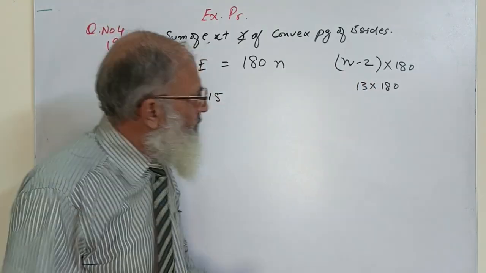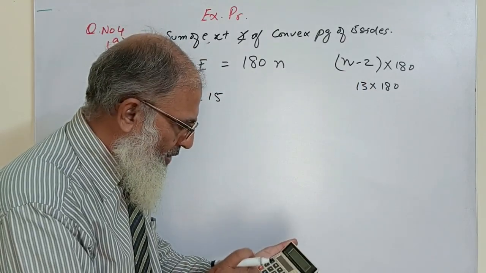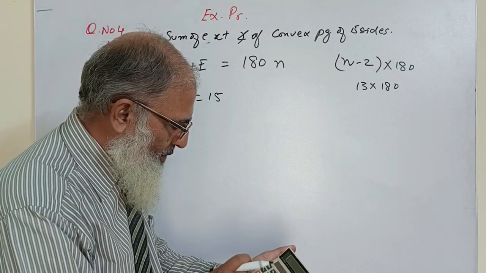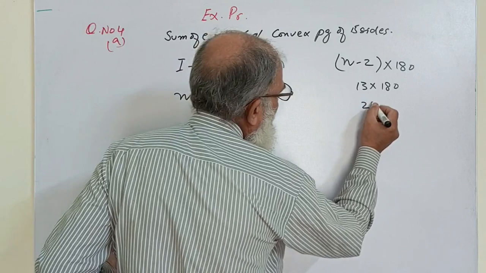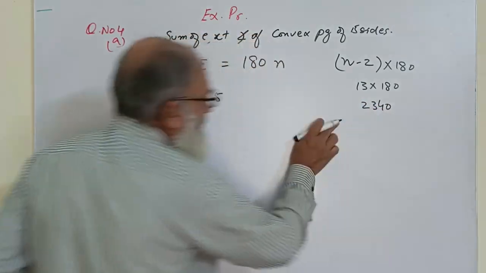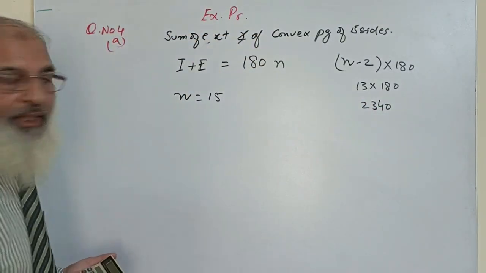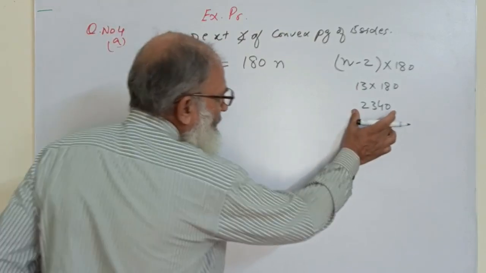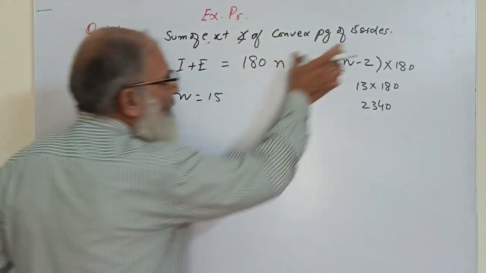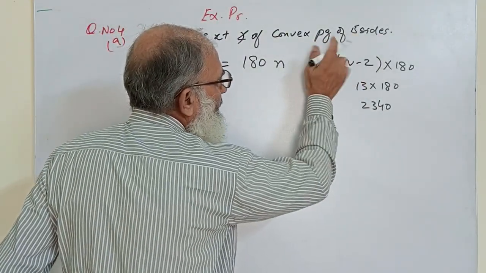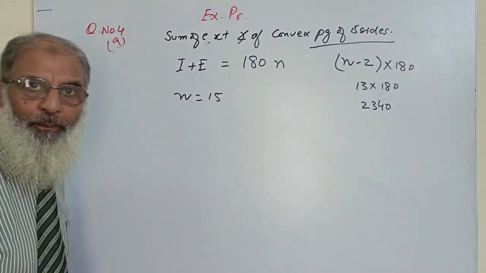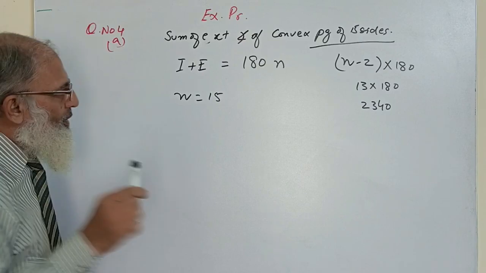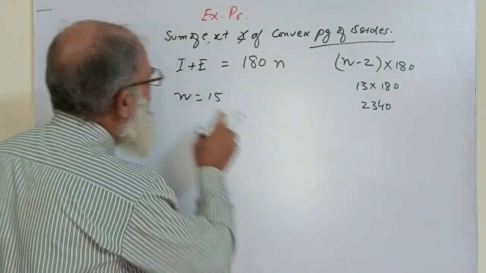Now we'll calculate it through the calculator: 13 times 180 is 2340. This is the sum of interior angles of the 15-sided polygon, 2340. Okay, now should we proceed?